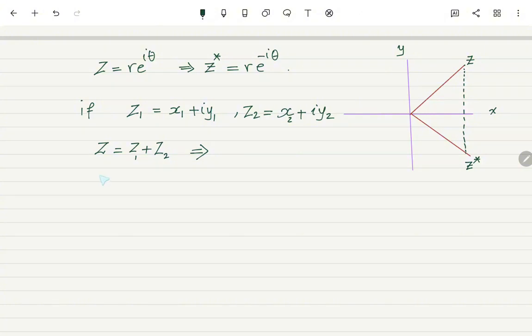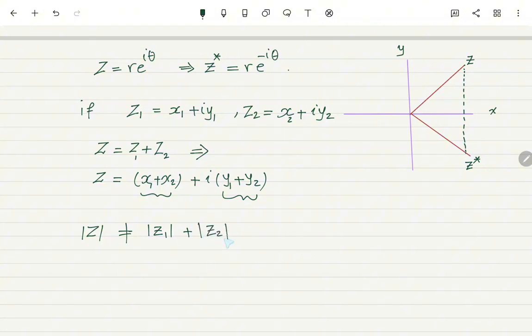So z in this case equals x1 plus x2 plus i times y1 plus y2, in such a way that this part is the imaginary part and this part is the real part. It's very important to note that the magnitude of z does not equal the magnitude of z1 alone plus the magnitude of z2 alone. It's not correct.